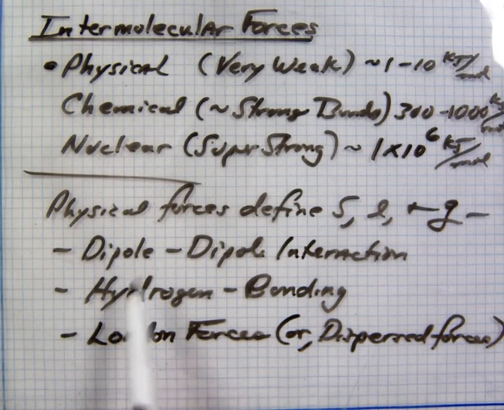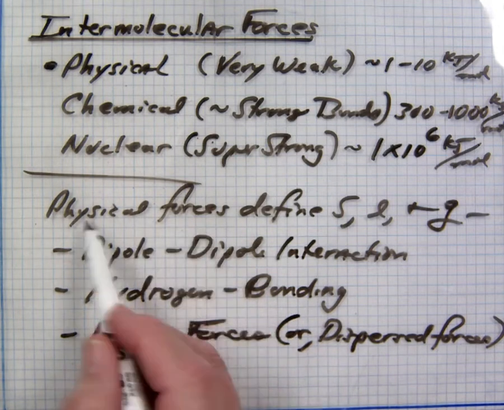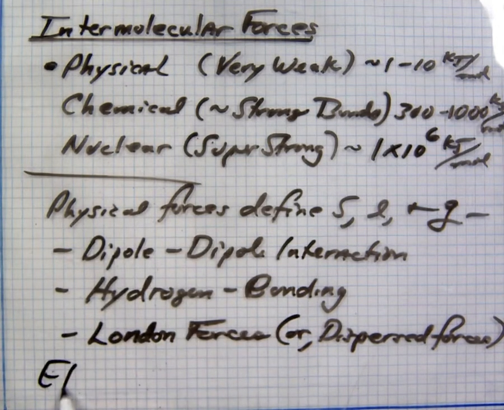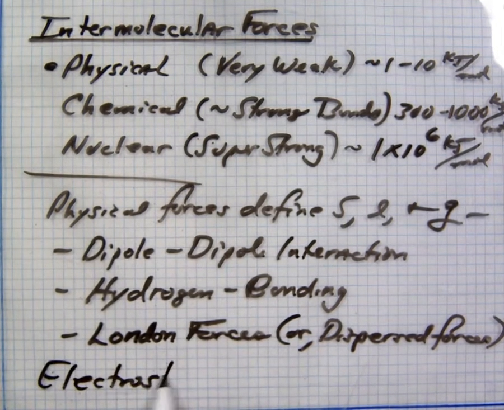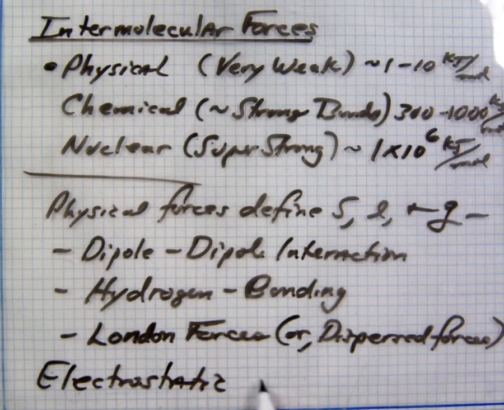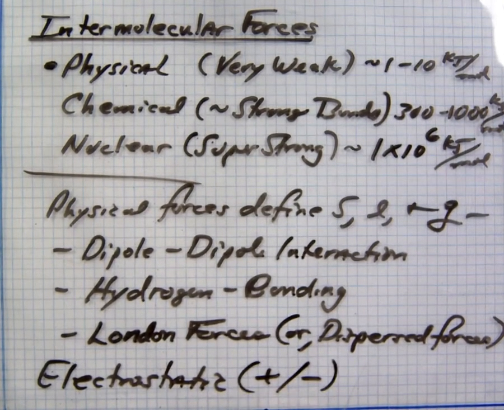When we talk about dipole-dipole interactions, we're talking about the interaction of molecules that are polar in their inherent nature. Hydrogens will be polar in their nature, and all of these interactions, these physical forces, are electrostatic. That is a plus-minus interaction. A plus part of one molecule interacts with a negative part of another.